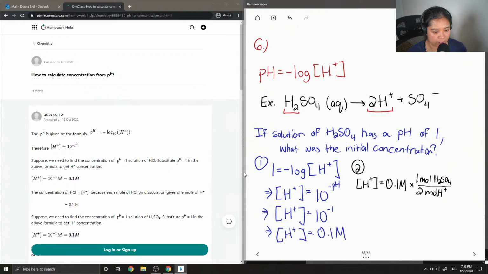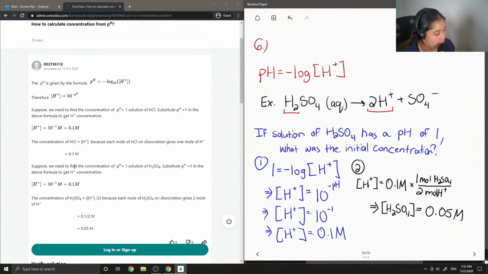So if we divide the concentration of H+ by 2, this can give us the moles, or the concentration of H2SO4. Which is 0.05 molar.